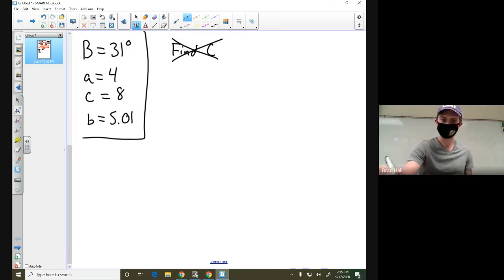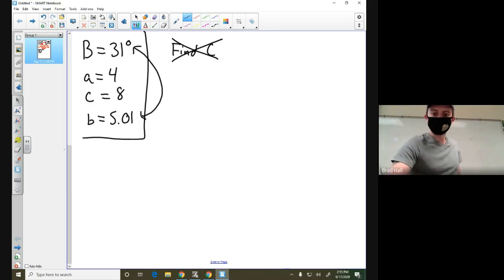I picked the bigger one on purpose. So if this was a solve-a-triangle problem, this resorts back to the law of sines, because now we have a completed ratio. Here we have to pick one of these to solve for, but you have to pick the smaller one, or else you might run into that obtuse problem.